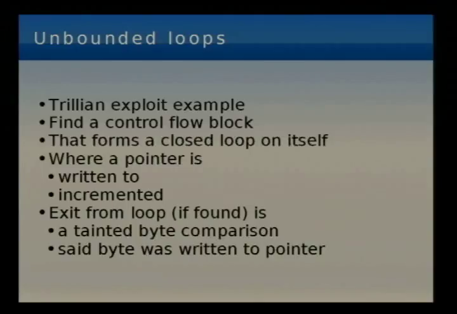And so where a pointer is written to and incremented. We're writing to a thing in this buffer, and we're moving the pointer next. And we're writing something, we're moving the pointer next. And so the exit from the loop, if we can find one, if it is not a while one, for instance, is a tainted byte comparison, and said byte was written to the pointer in question, the buffer in question.